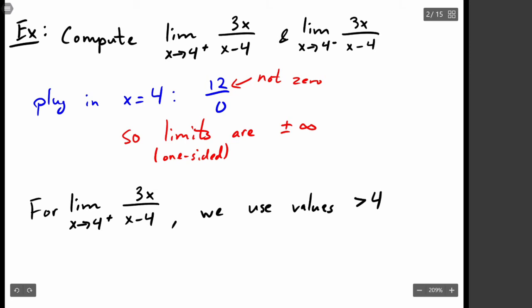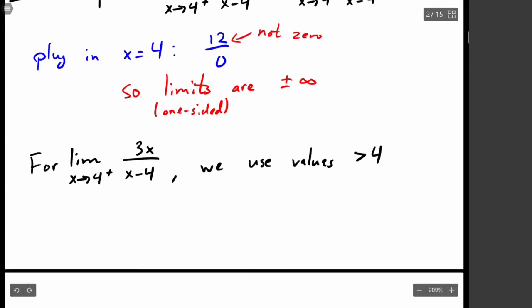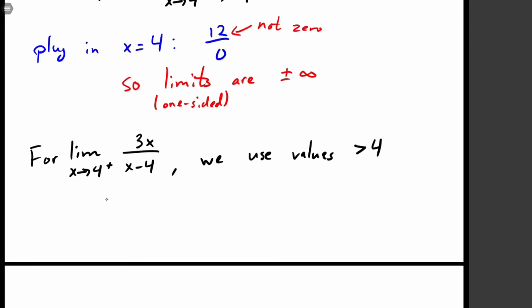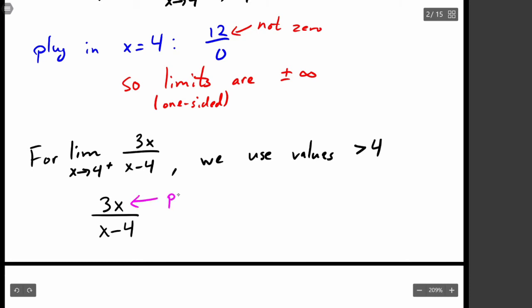What's the point of that? We need to look at the signs of this fraction. We need to know, are we going to positive infinity or negative infinity? The top here is positive for x greater than 4. If we put in numbers bigger than 4, 3 times 4 is positive.